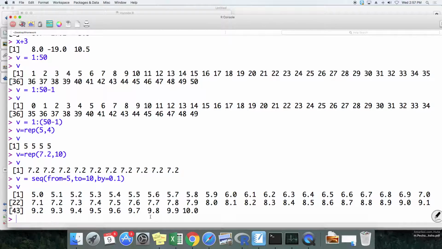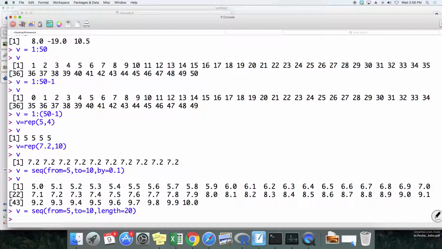Also, if we want, we can write v equals seq from equal to 5 to equal to 10, but now we want to specify the length of the vector. Suppose the length of the vector is 20.